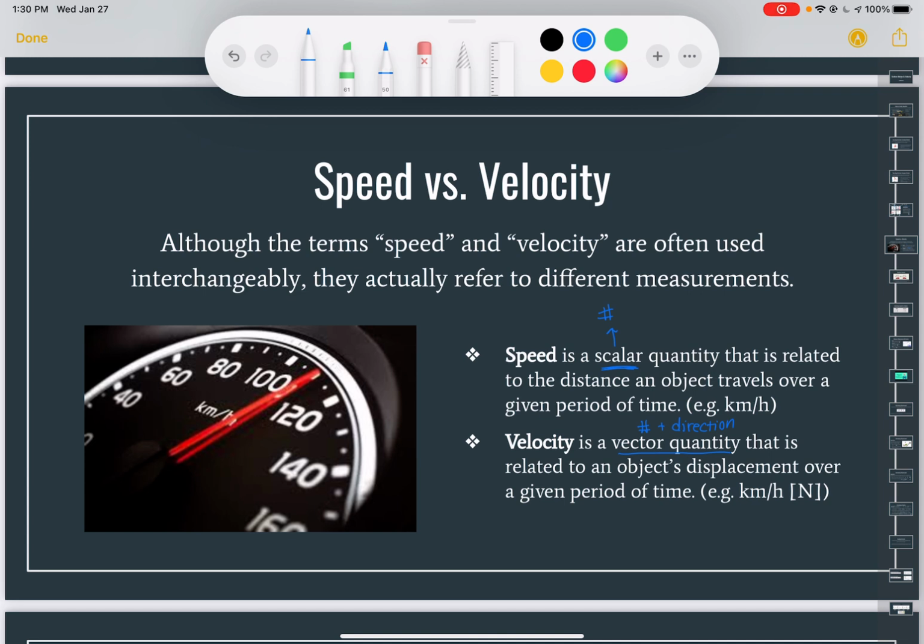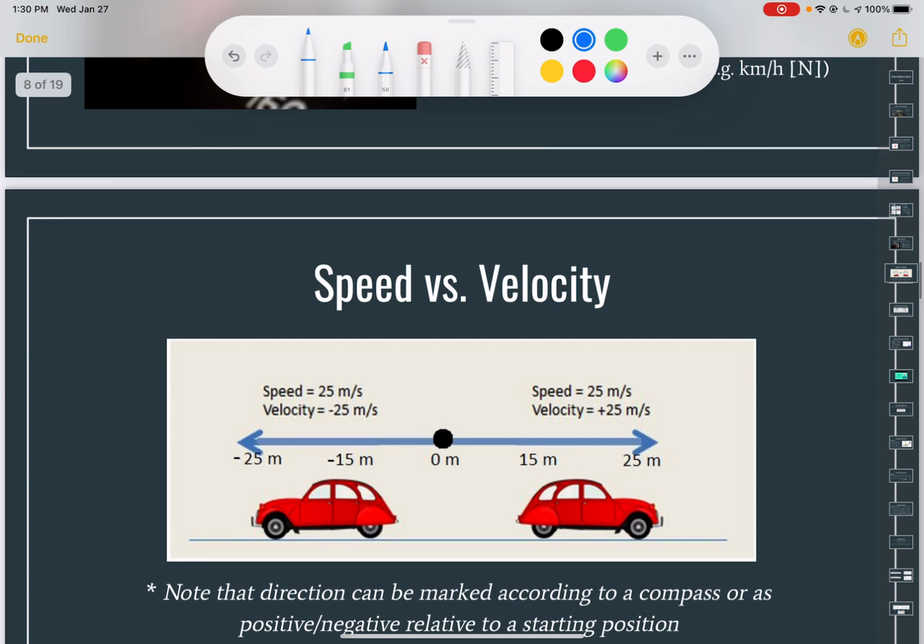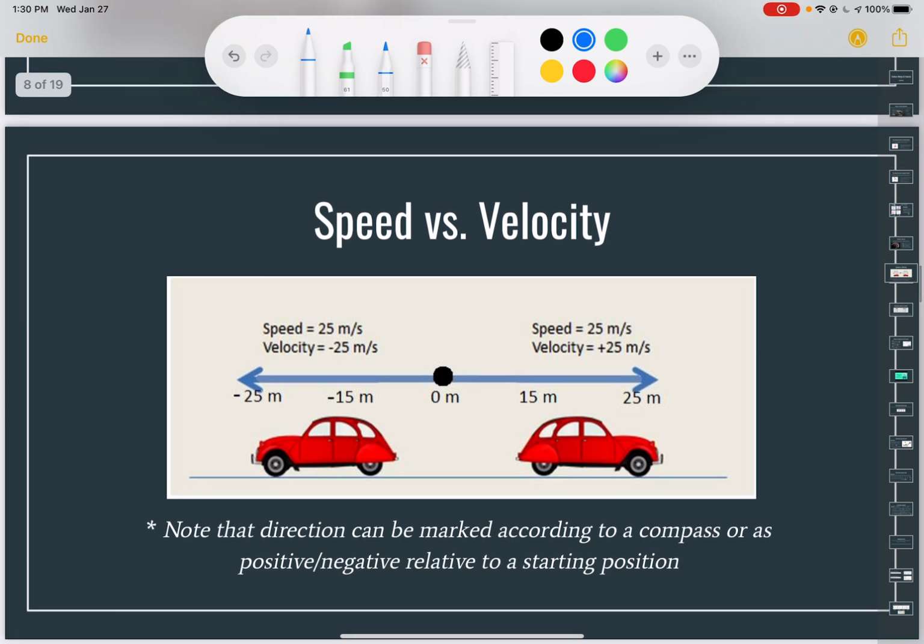Normally in our daily lives we just say speed, although if you say you drove to Edmonton at 100 kilometers an hour, that's sort of a velocity, because we can figure out the direction if we know where you started.